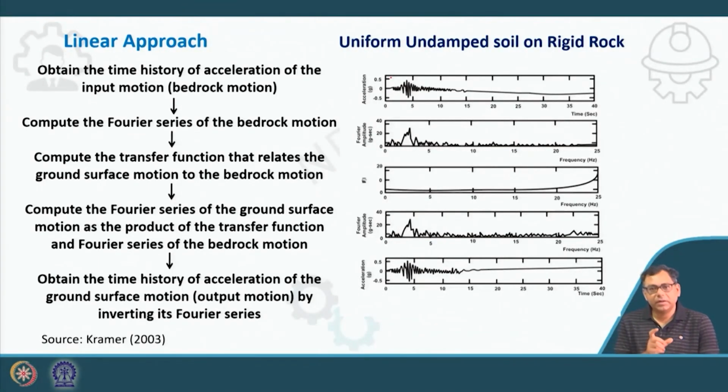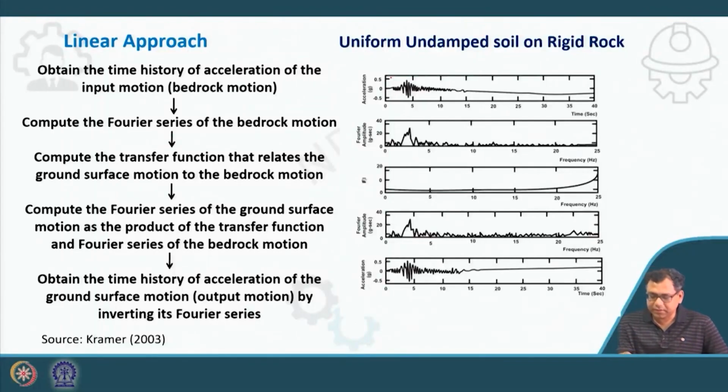I have given the equation: if you know the relative displacement measured by the seismograph and put it in the equation, you will get the ground acceleration. So, you will obtain the acceleration time history for bedrock motion.